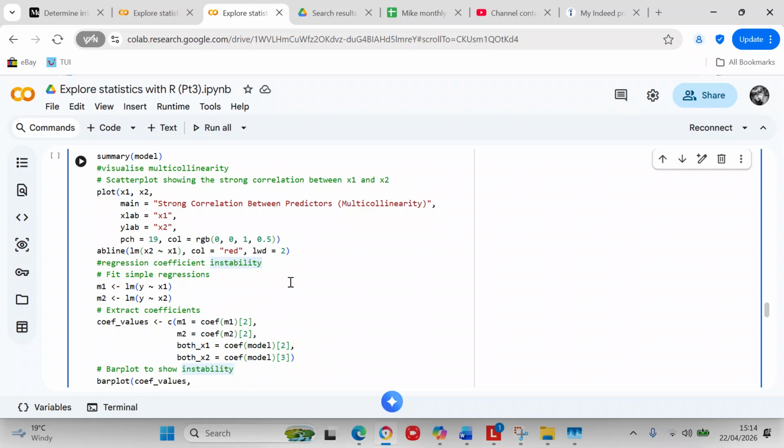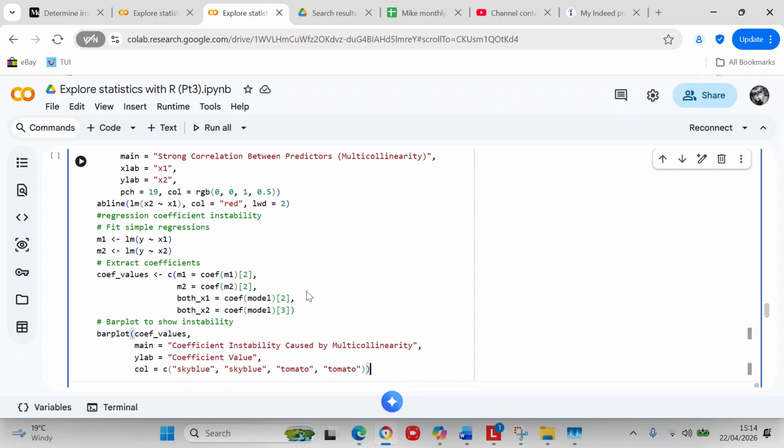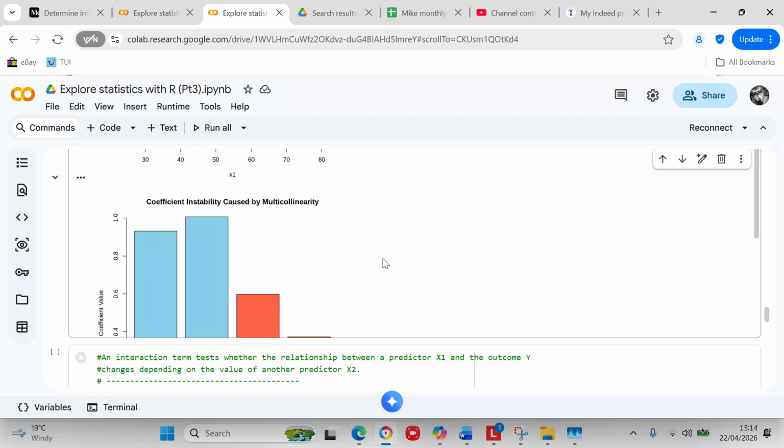We're going to put a line in the plot: abline(lm(x2 ~ x1), col = "red", lwd = 2). So we're going to come over here and look at the plot that has been created.